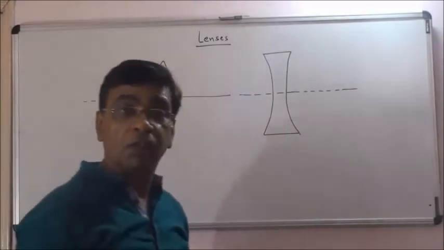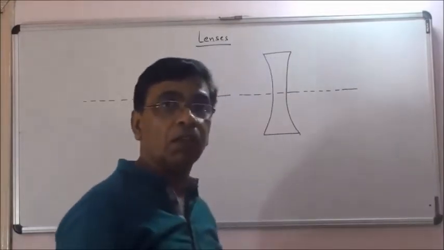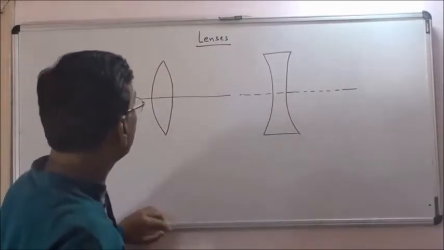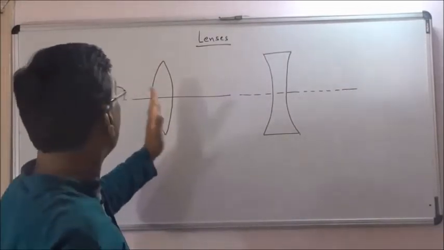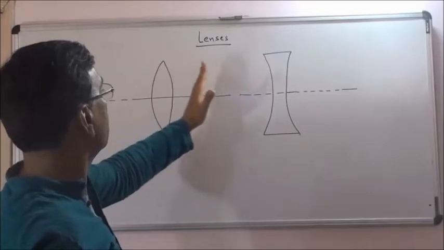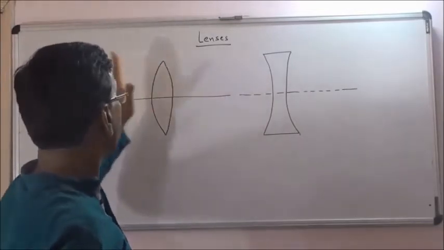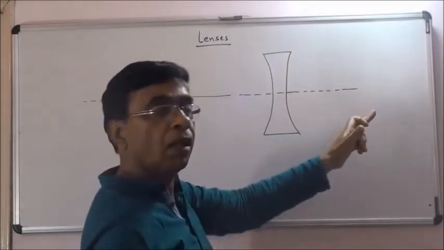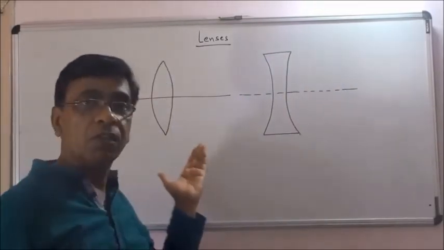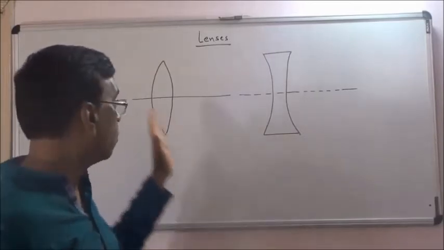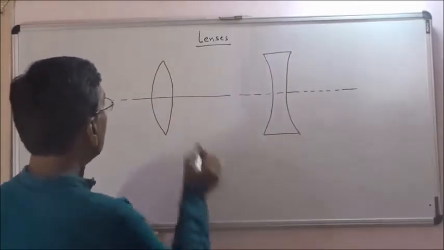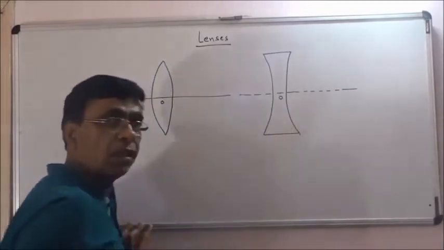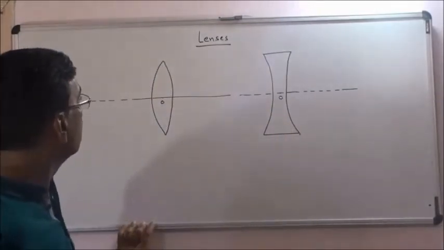So two surfaces: for the first surface, C1 on this side, second surface C2 on this side. For this, C1 on this side, C2 on that side. And in the same way we will have radius of curvature, so two radii of curvature for this, for this. This is called the optical center of the lens.